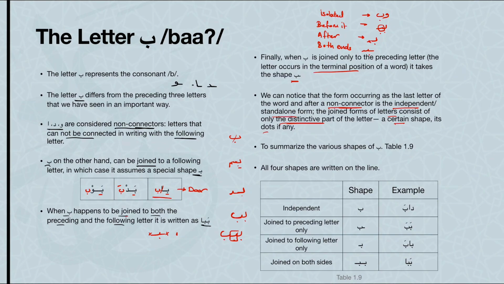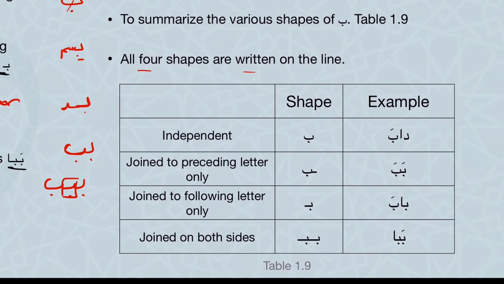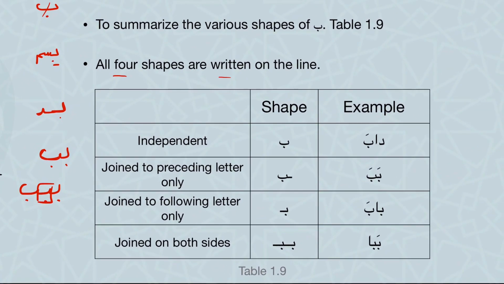Now, if we look at the table, it actually might be a lot simpler than what I've written up there. All four shapes are written on the line. So let's look at the letter ba. If we look at it as an independent form, it would be written like this. And daba, daba, daba. This is the ba.